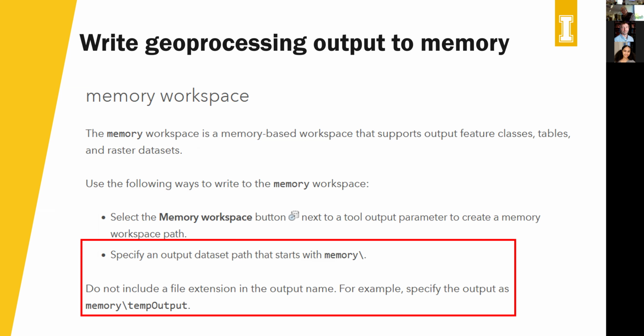So in your output, if you're going to output a data set where you might give it a local path, the only change you really need to make is to put memory slash in the name of the output file. If you take out the entire path, if it's trying to write to OneDrive or your C drive or something, you can prevent that from happening and have it write to memory, assuming you have enough memory and your data sets aren't so unwieldy that it would cause system instability.